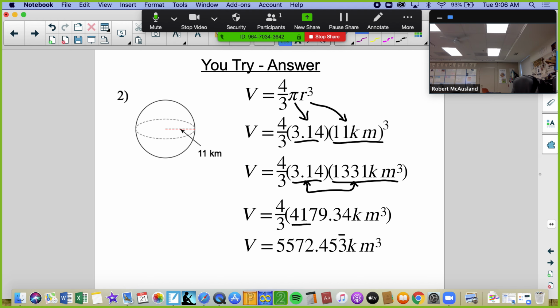That should give us a value of 4,179.34 kilometers cubed. Then we're going to multiply by 4 and then divide by 3. And our answer, everyone should have, 5,572.453 with the repeating sign over the 3 kilometers cubed. Excellent.